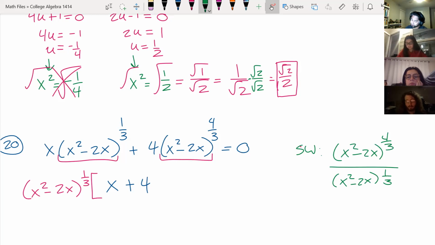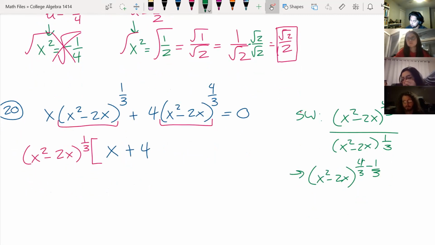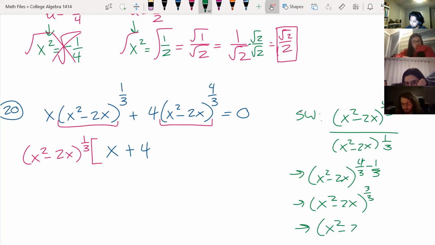You subtract them, right? So you get x squared minus 2x to the 4/3 minus 1/3, which will give me x squared minus 2x to the what power? 3/3, yes, which is just 1. Now we're going to bring that in. So that's going to be right here.